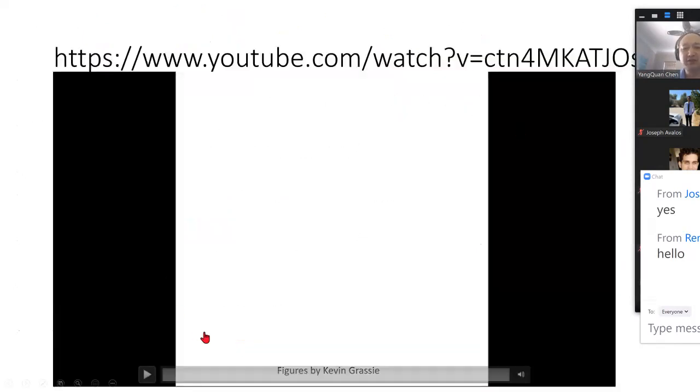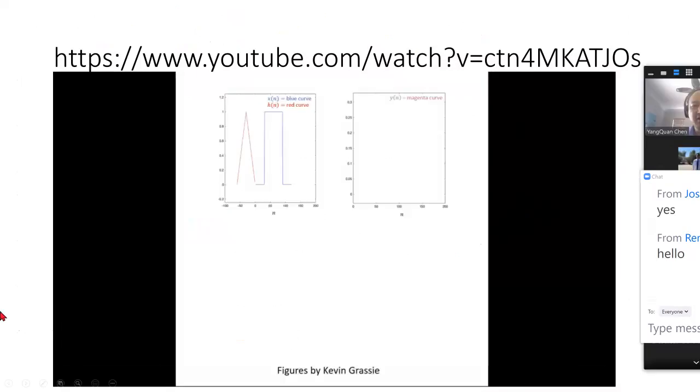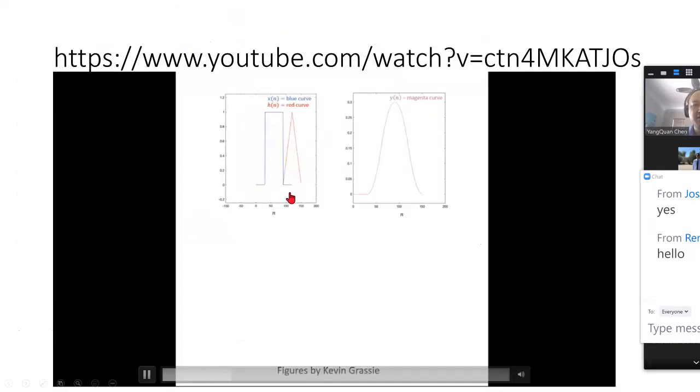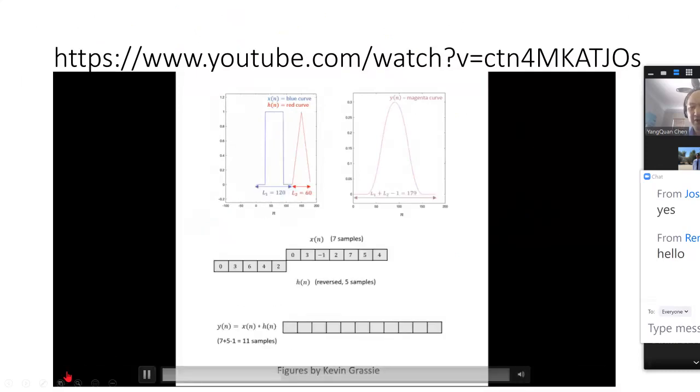So I'm going to give you the first animation of this. This is a continuous convolution. You have seen this before, right? Okay, I'm going to pause.